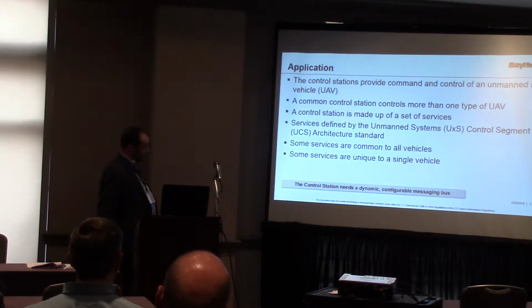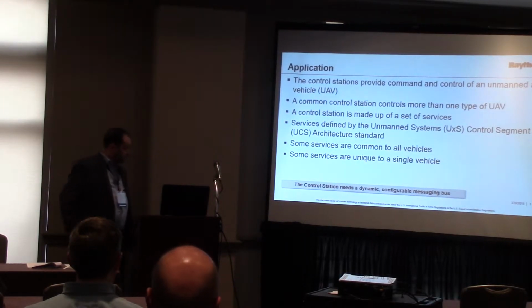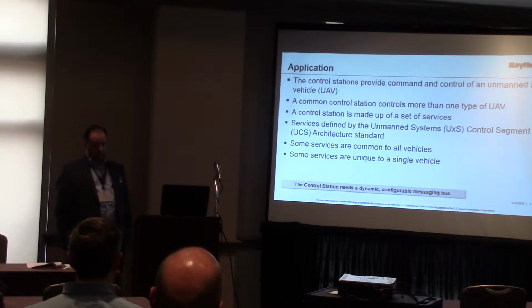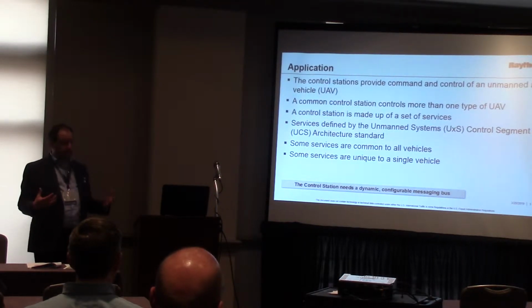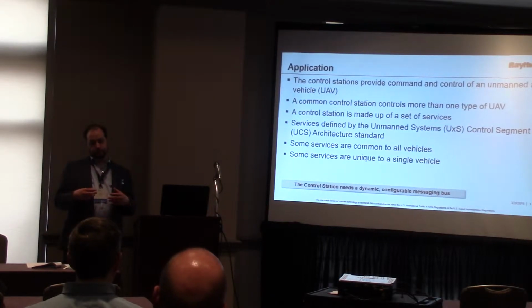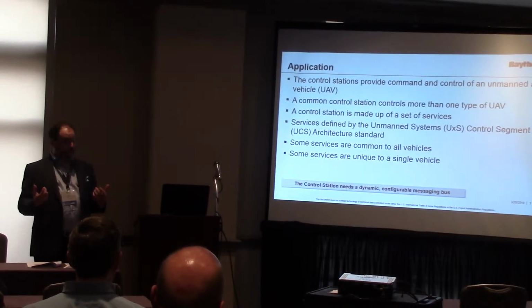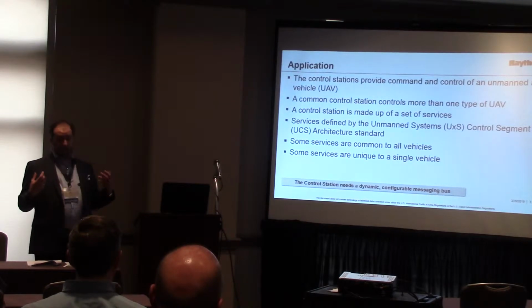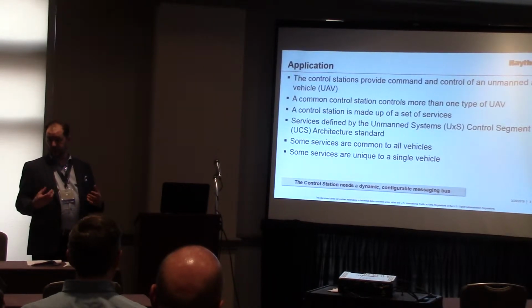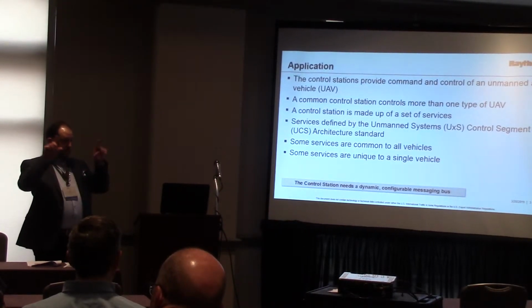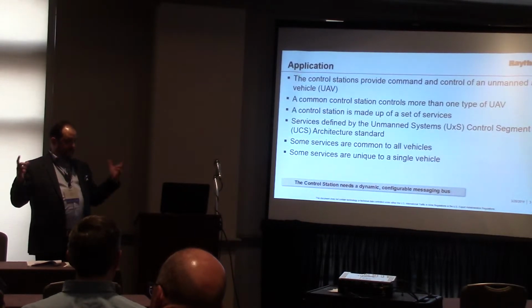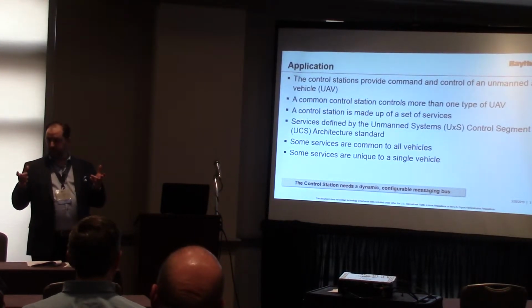We talked for a second about the UCS architecture. You were talking about the idea of coming up with common data models for things. Most of the standards that existed before the UCS architecture were standards that provided interfaces along the outside of the control station.